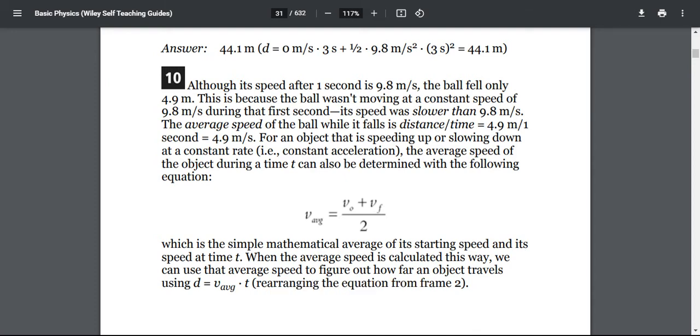Before, the equation was d equal to v0 into t plus 1 upon 2 into a into t square, a much longer equation. But now, if we have the average speed of that object, we can find its distance using d equal to v into t, average speed into time.